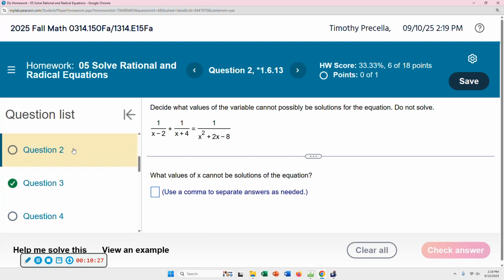So go into number 2. Oh, this has 3 fractions. 2 of them are pretty easy to figure out when they're undefined.